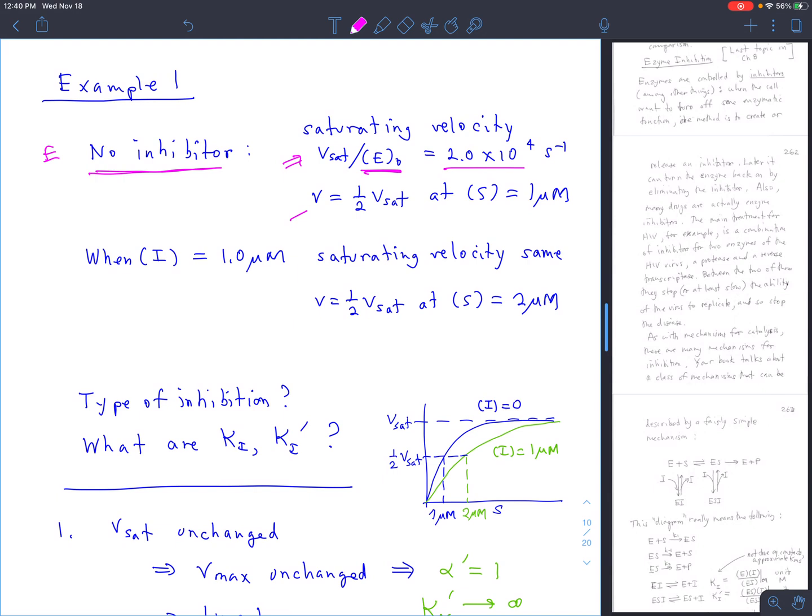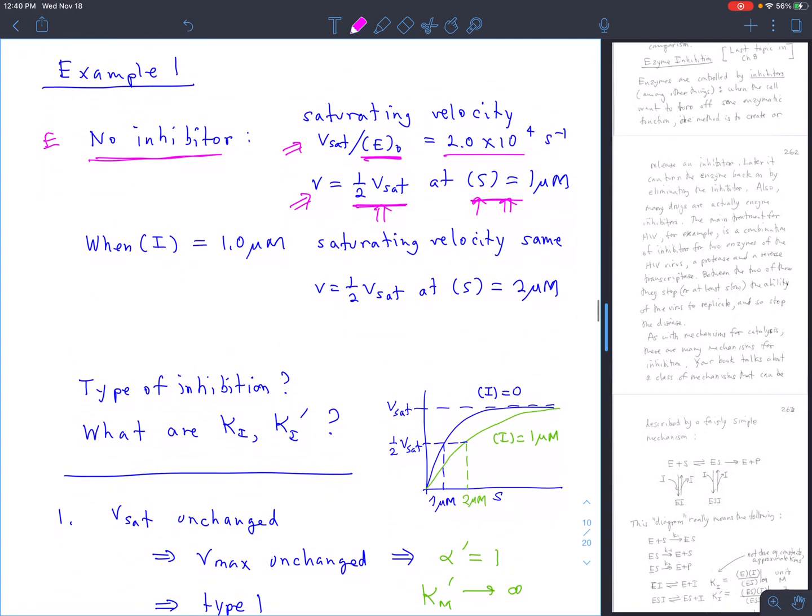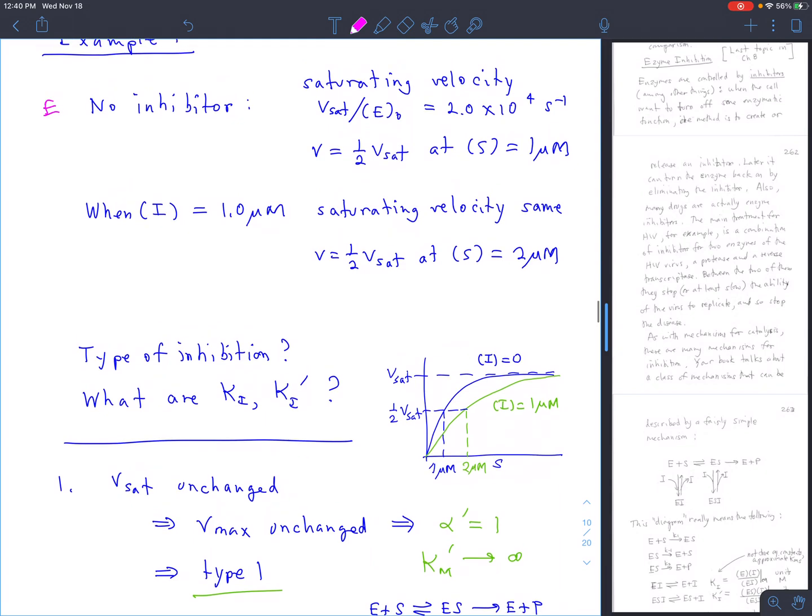And we also find that the velocity reaches 1/2 of that saturating value when the substrate concentration is equal to 1 micromolar. In other words, this is telling us something about the Km value, right? Because half saturation, or half Vmax, is what you expect when S is equal to Km. You notice I'm not saying Vmax, though, and I'm not saying Km. I'm giving you the raw data, which is what you'll encounter in any real situation.